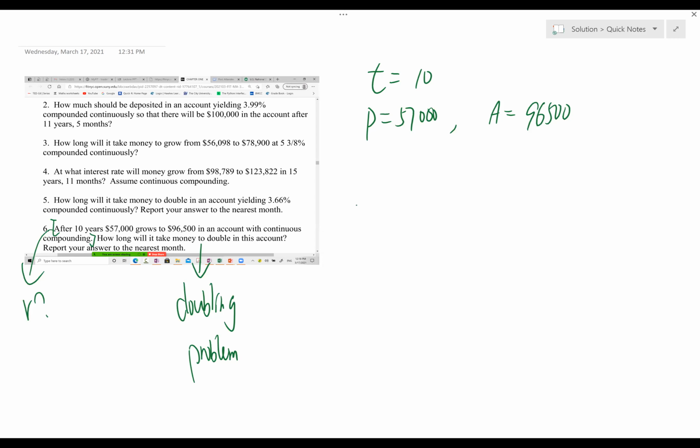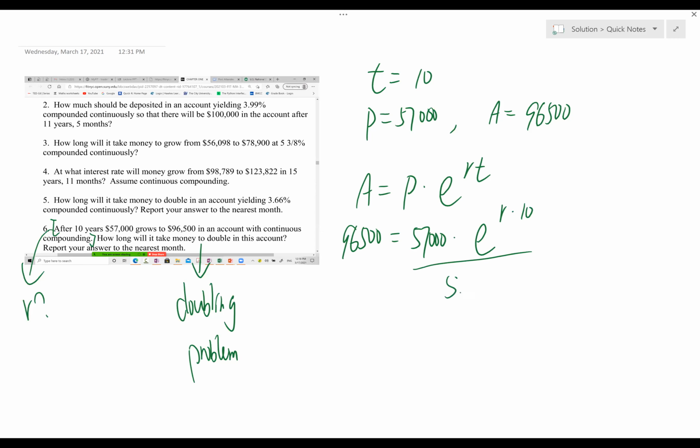So here we go: ending balance equals principal times e to the rt. Throw in both numbers: 96,500 equals 57,000 times e to the r times t, where t we know is 10. First of all, we divide both sides of the equation by 57,000.